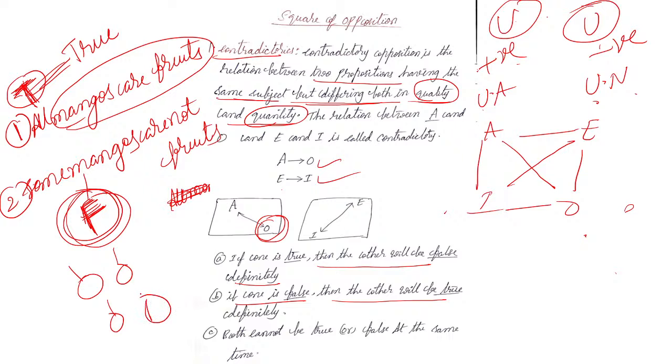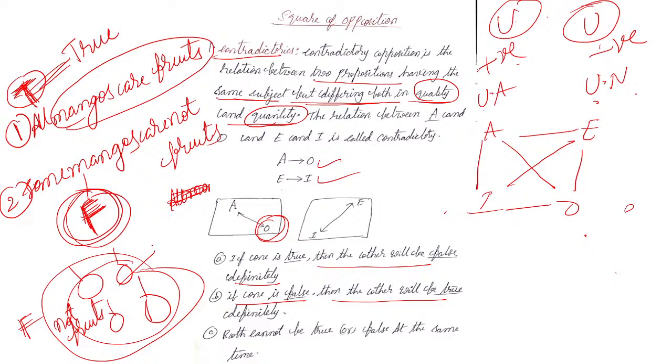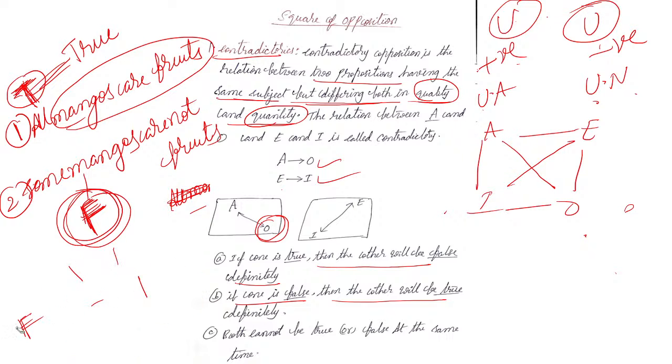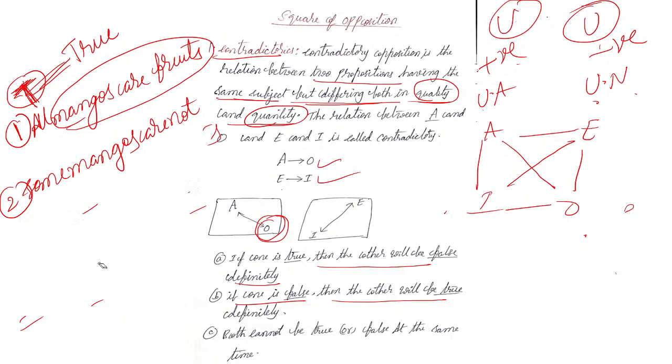"These some mangoes are not fruits" is false. This is false means these some mangoes are also fruits. That means all mangoes are fruits. That's why in contradictory, if one is true, then the other one will be false. If one is false, the other one will be true. We have to remember that statement.